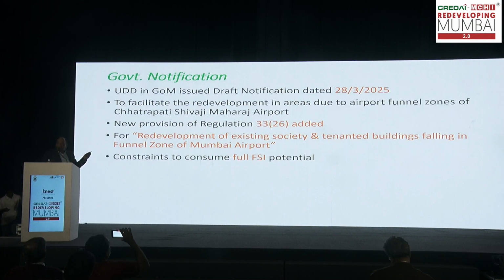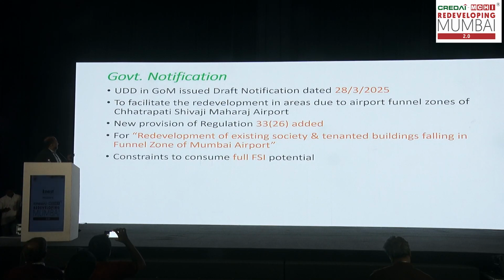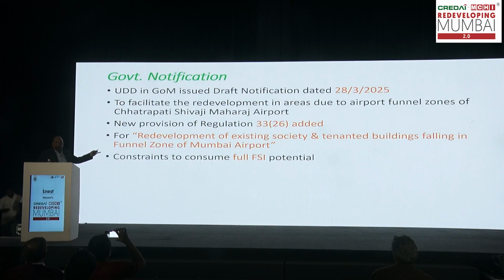For that purpose, regulation 3326 is newly added in the DCPR. This is the wording: redevelopment of existing society and tenanted buildings falling in the funnel zone of Mumbai Airport, and the benefit will be given for the constraint to consume the full FSI.